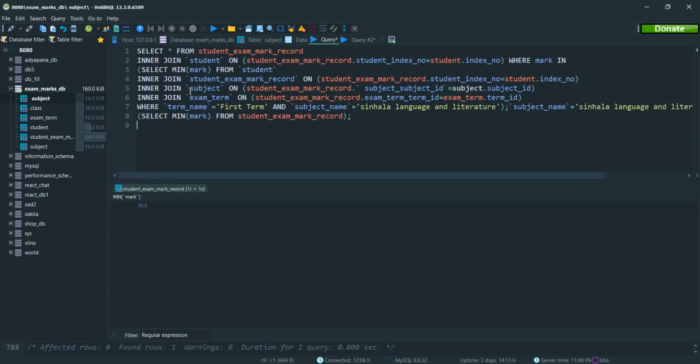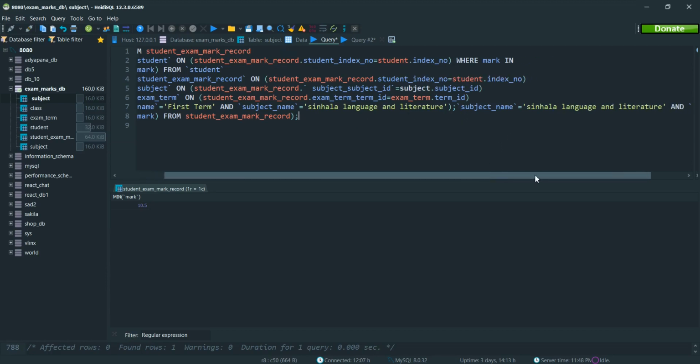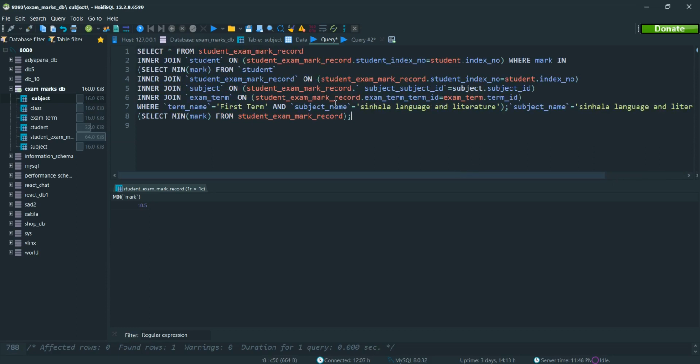Here also I have used 4 inner joins along with the condition to join the tables, and also have used 2 subqueries to join the search queries.